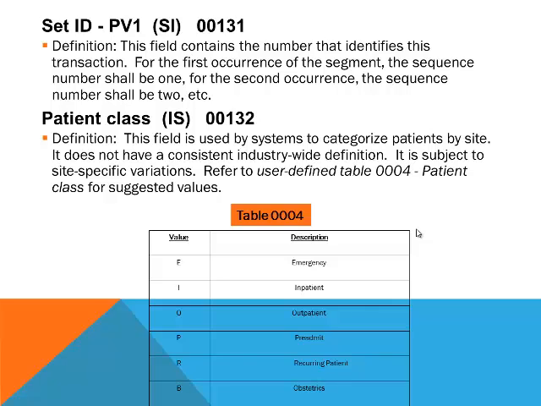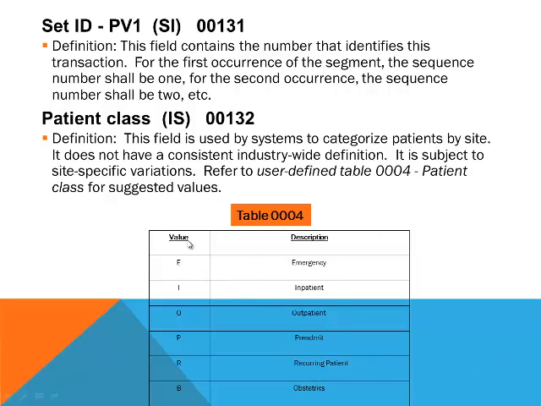The patient class field is used by the system to categorize patients by site. These values come from the user-defined table 0004. I list the table here.